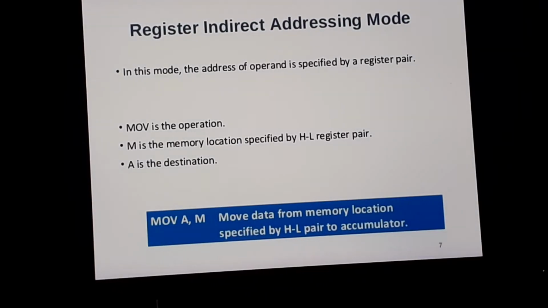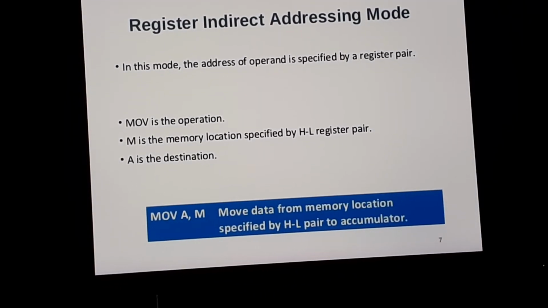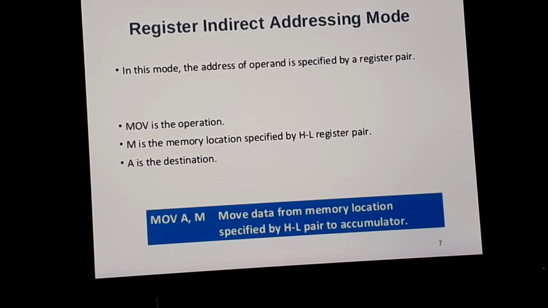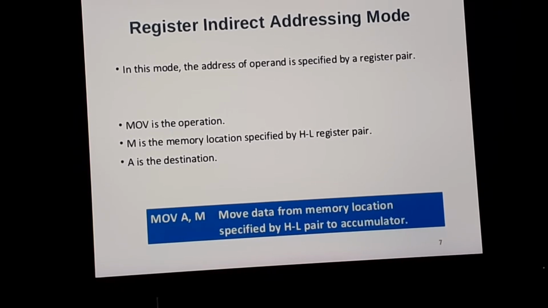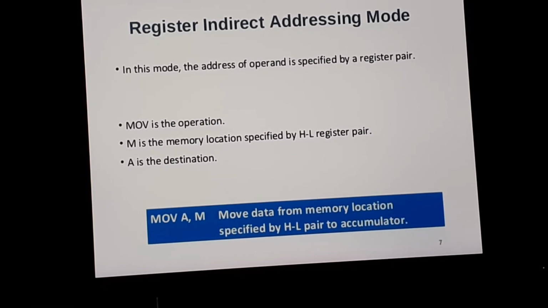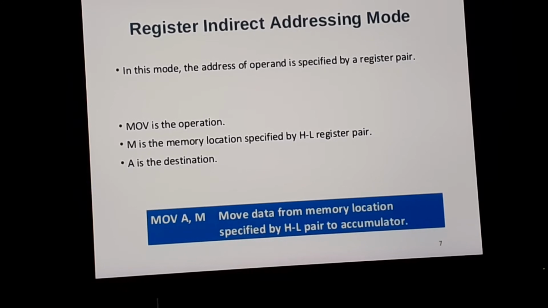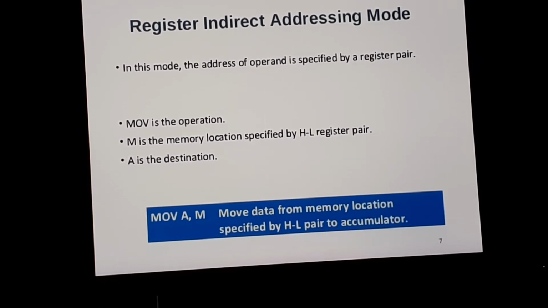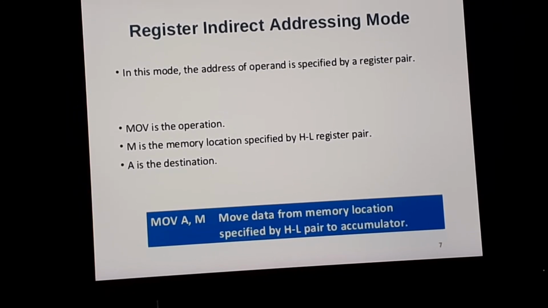The next addressing mode is register indirect addressing mode. In this addressing mode, the address of the operand is specified by a register pair. The register pair is mostly the HL register pair. We do not use any other register pair in this indirect addressing mode. So the address of that operand is specified by the HL register pair.